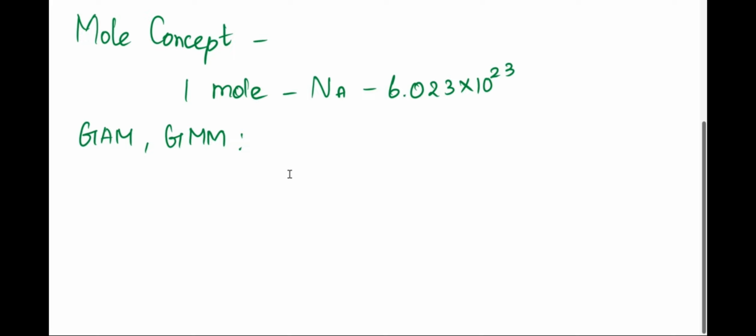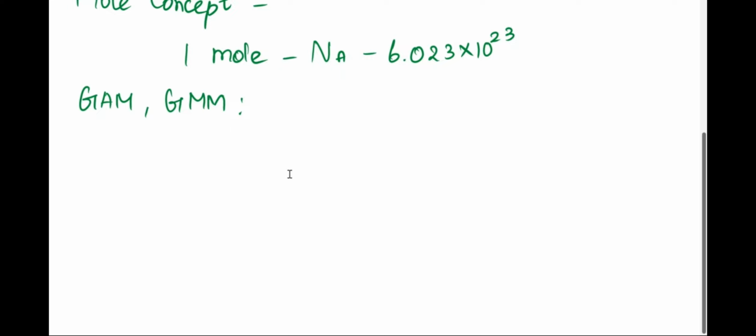In simple words, gram atomic mass is equal to the mass of 1 gram atom. If we are representing that in grams, then that becomes gram atomic mass. Say for example, what is the gram atomic mass of oxygen?